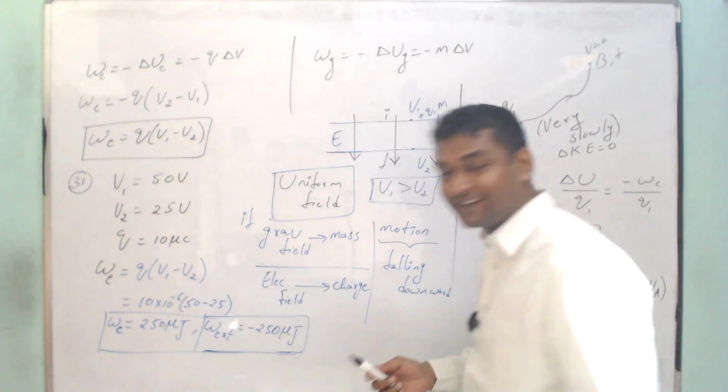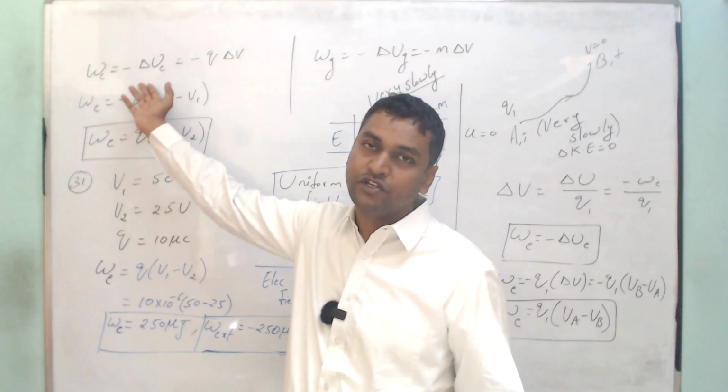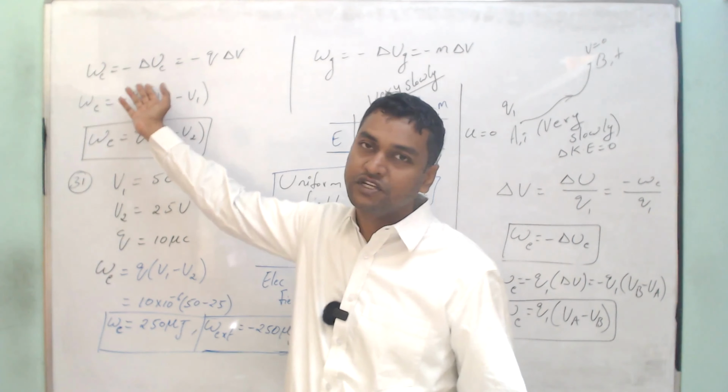If I am taking it very slowly, that is the only case where I can say that the initial and final kinetic energies are zero, making the work done the negative of the change in potential energy. Otherwise, work done will be the change in potential energy plus the change in kinetic energy, plus the change in any energy that is present. When you drop it, it will attain some kinetic energy. For it to not attain any kinetic energy, an external agent has to stop it.